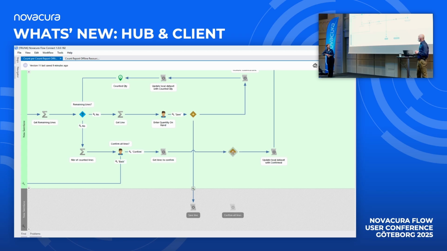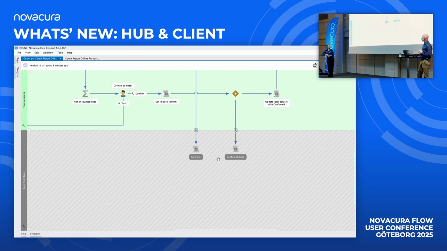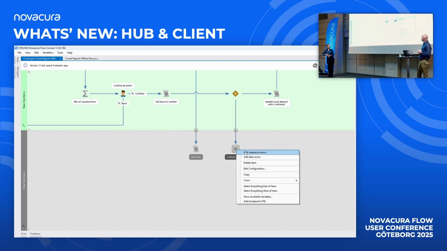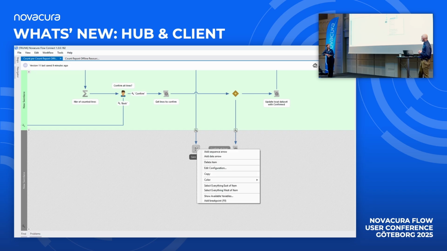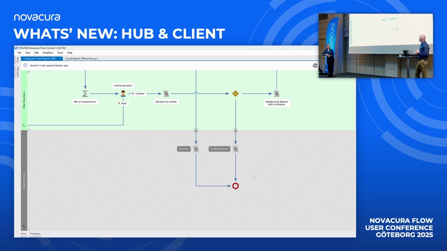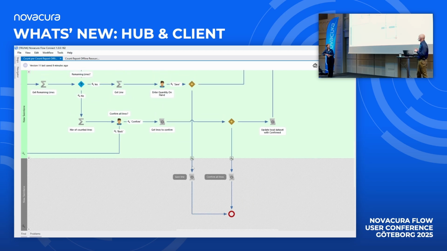So those machine steps will queue up on the client when they are executed. We'll just add an end step to this. And then we will just configure the crossings. So the information or name of the crossing will be visible in the client sync log.